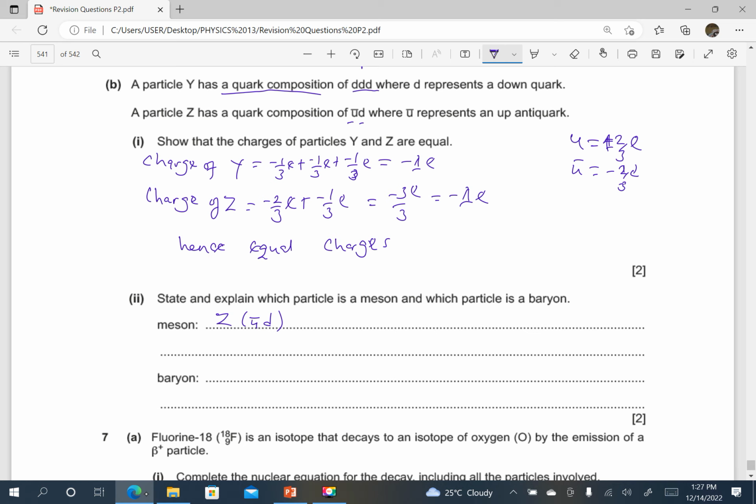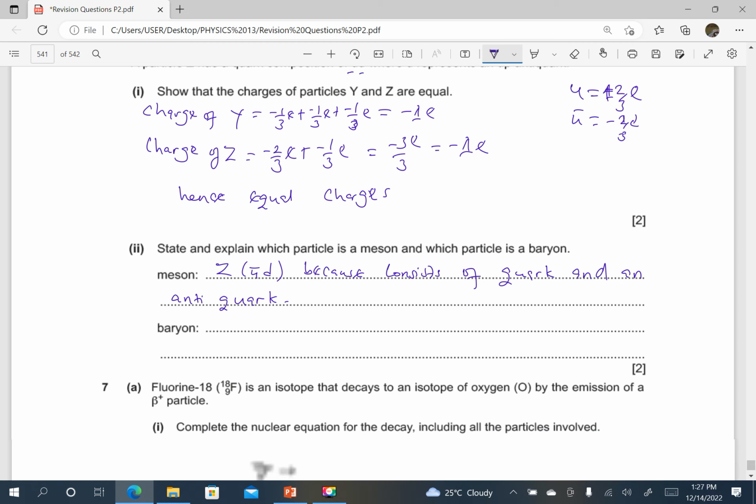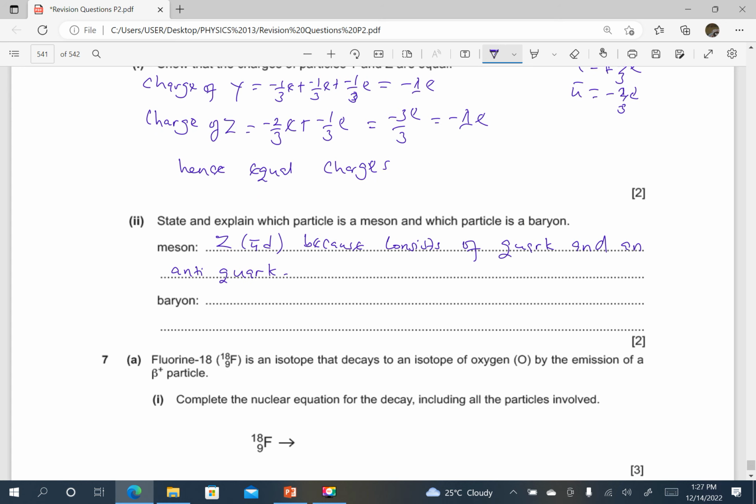So Z is a meson because it consists of a quark and an antiquark. A meson is a particle which consists of a quark and an antiquark.